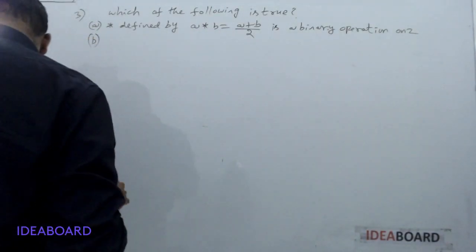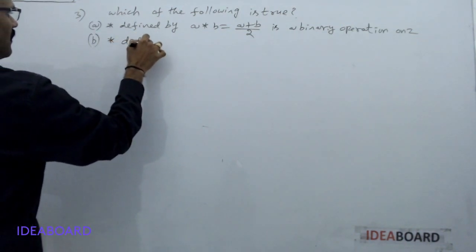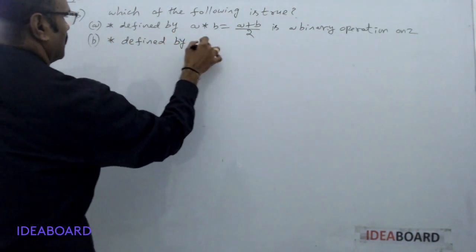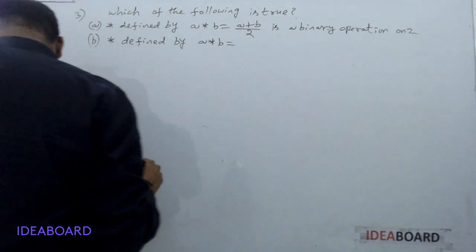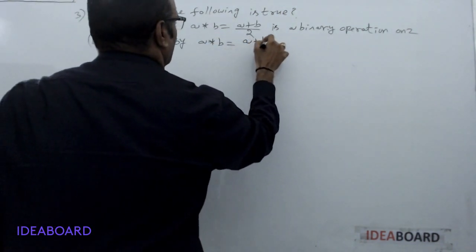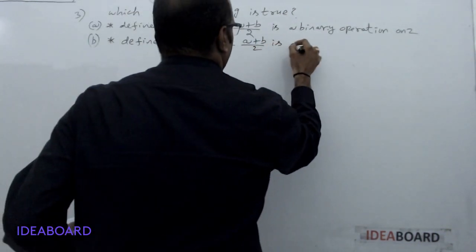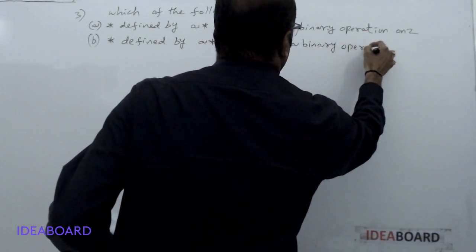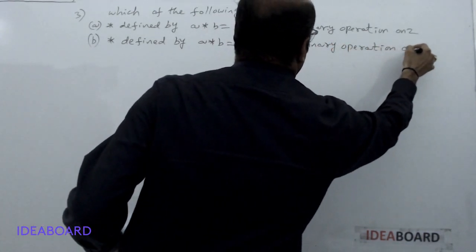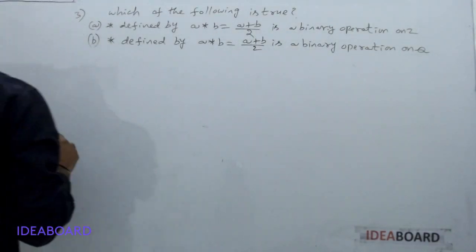B. Star defined by a star b equal to a plus b by 2 is a binary operation on Q. 3.